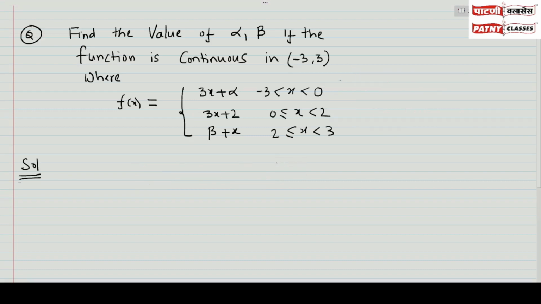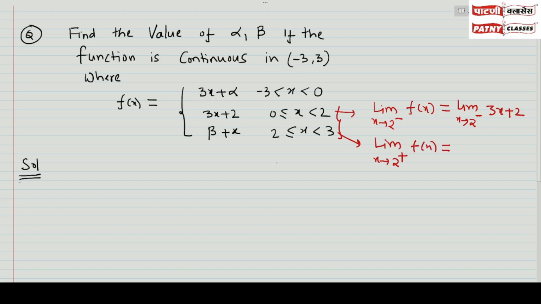After that, to find the beta value, the logic is, from the second equation I get limit x tending to 2 minus f of x equals limit x tending to 2 minus 3x plus 2. And from the last equation I get limit x tending to 2 plus f of x equals limit x tending to 2 plus beta plus x.